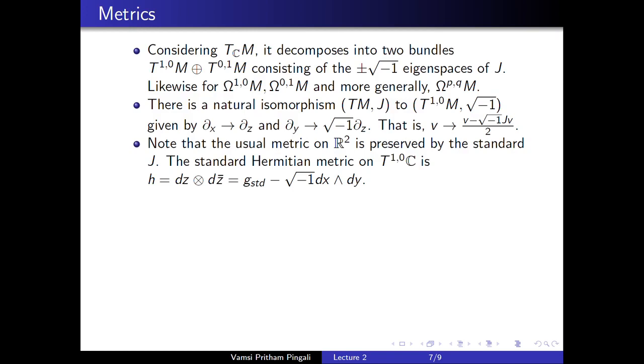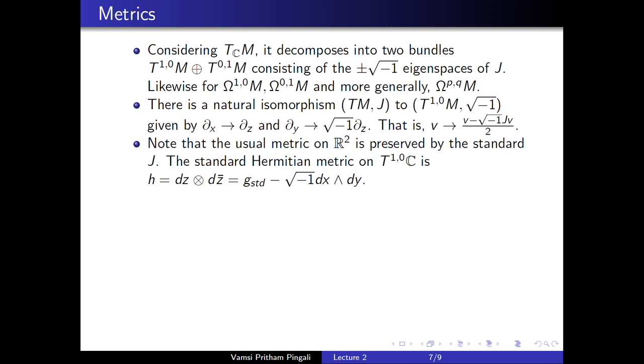If you write this down, if z is x plus iy, then this is dx plus i dy, this is dx minus i dy. If you multiply it out, then you get dx tensor dx plus dy tensor dy, which is the standard Euclidean metric on R2, minus square root of minus 1 times (dx tensor dy minus dy tensor dx), which is the wedge product, right?